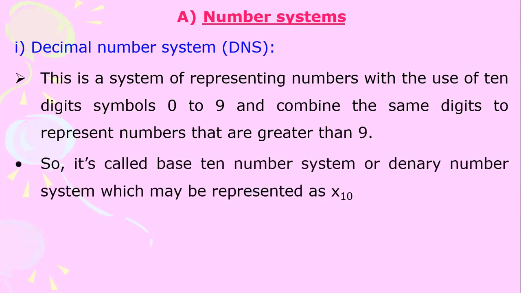So it's called the base 10 number system or ordinary number system because it is composed of 10 digits spanning from digit 0 to 9, which may be represented as x to base 10.